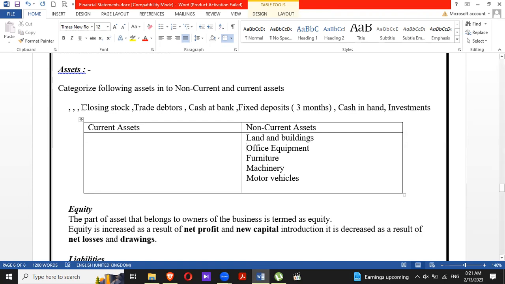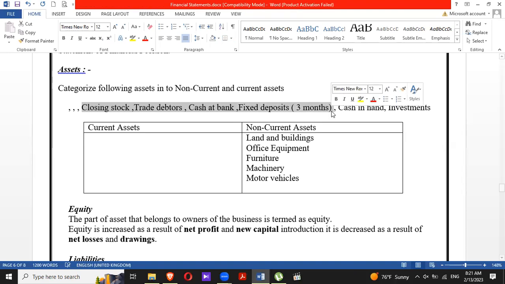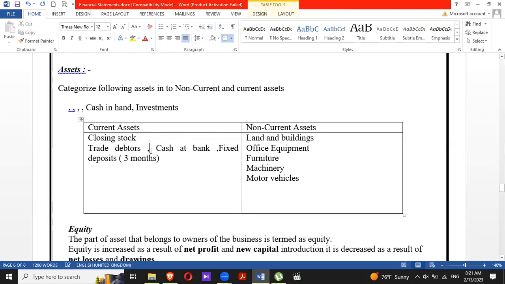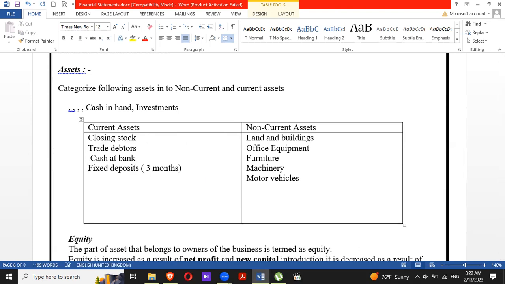Then we'll see what the other items given here are. Closing stock, trade debtors, cash at bank, fixed deposit 3 months. All of these come under current assets. Fixed deposit, specifically it is given that it is for 3 months, so it comes under current assets.